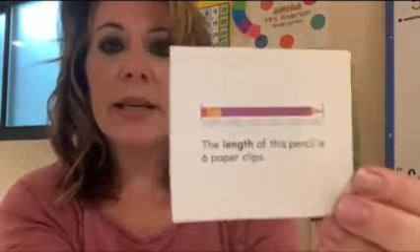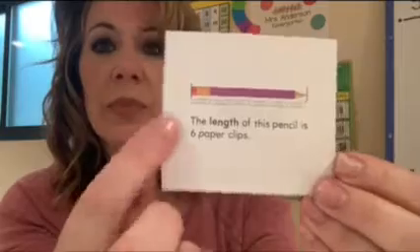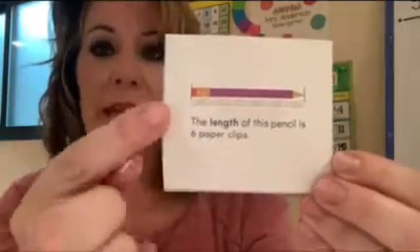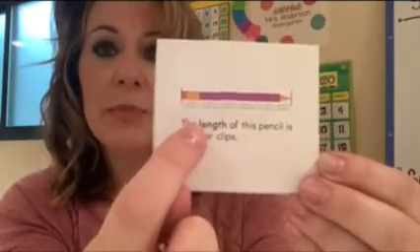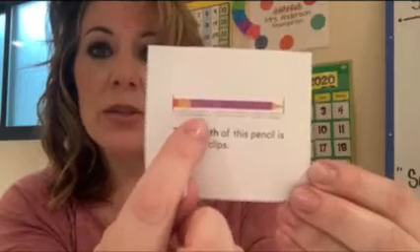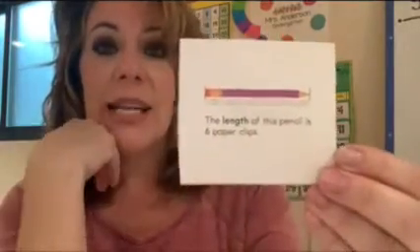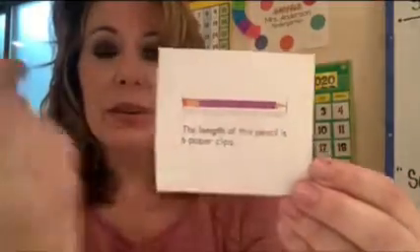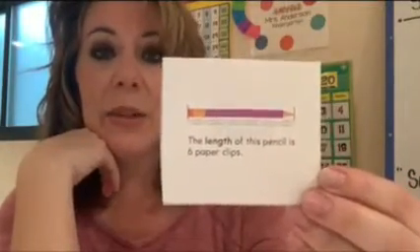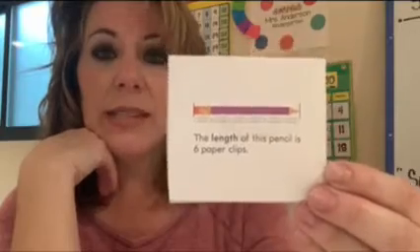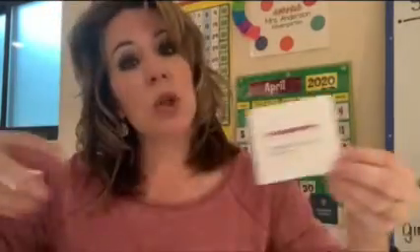It doesn't necessarily have to be a ruler. In this case we have paper clips, and we have 1, 2, 3, 4, 5, 6. If we put all of those together, that is the length of the pencil. So that's length. It's how long something is.